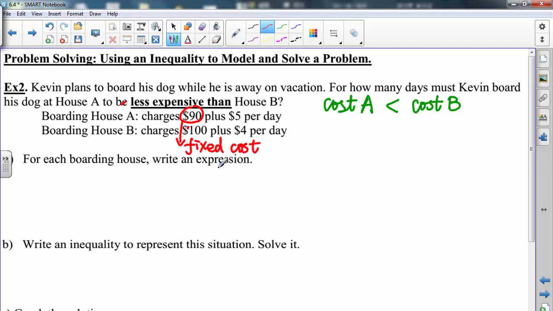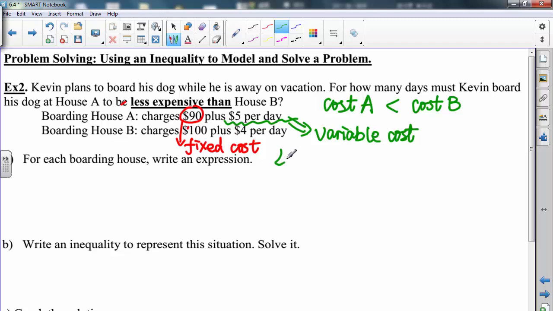This cost is not changing no matter how many days they want to board the dog in this house. $5 per day, this one is called a variable cost. This cost is varying depending on how many days you want to board the dog in this house.